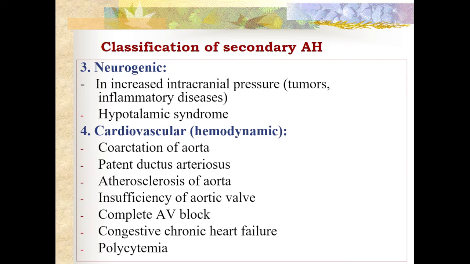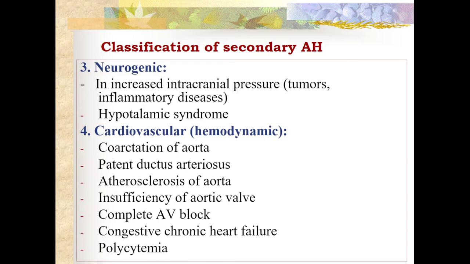If we reveal arterial hypertension in patients more than 65 years, usually it's a situation associated with atherosclerosis of aorta.